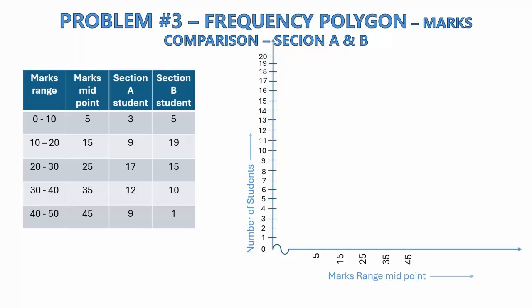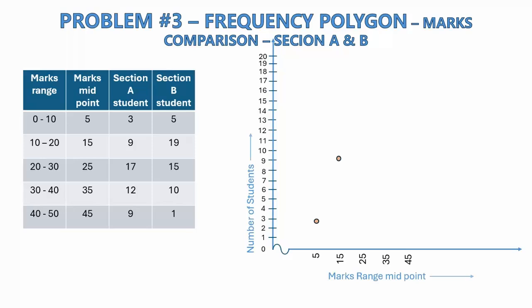So we can again plot marks range midpoint on the x-axis and number of students on the y-axis. So let's plot everything in orange for section A. So for section A, the range which has midpoint of 5, there are 3 students. So we plot 5, 3. Again 15, 9.